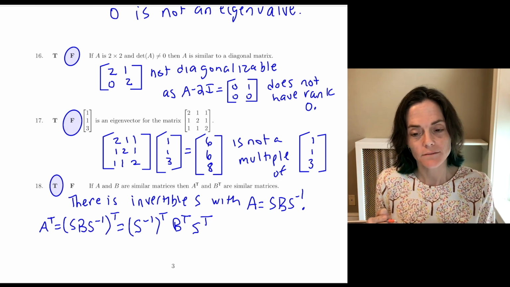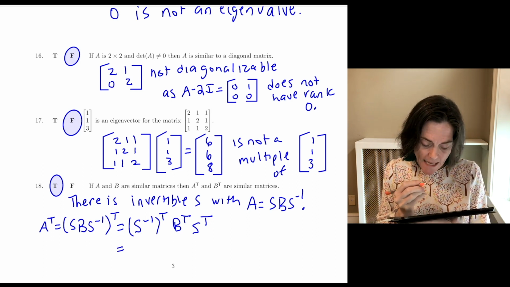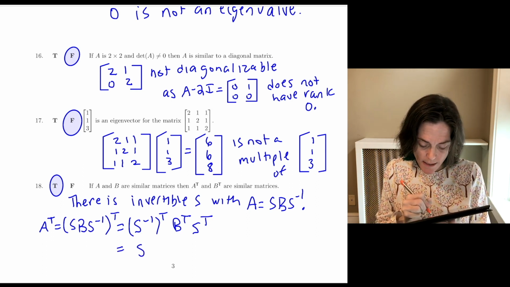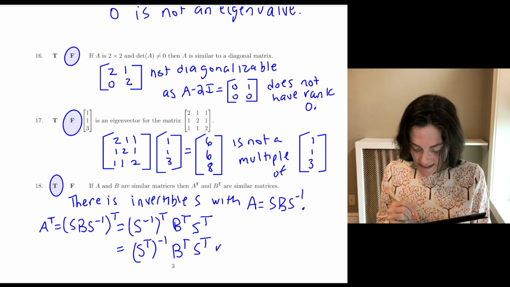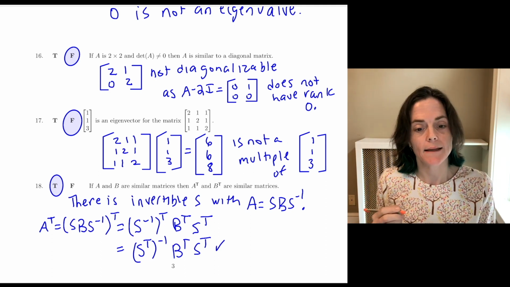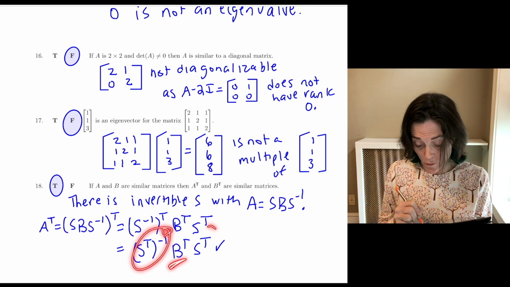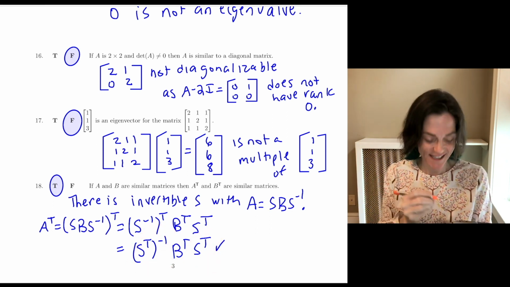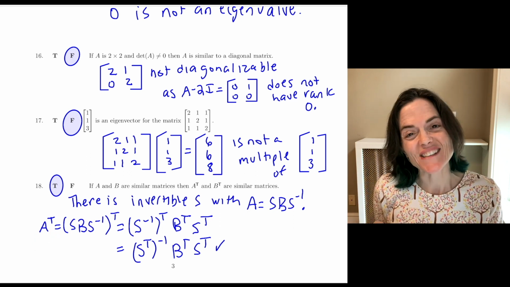Now we have really one more step. S inverse transpose is S transpose inverse, then B transpose, S transpose. So you see, these are related in that we have some invertible matrix, B transpose, that invertible matrix's inverse, and that equals A transpose. The answer is true.